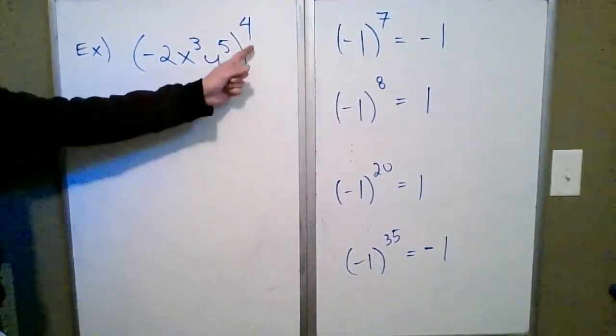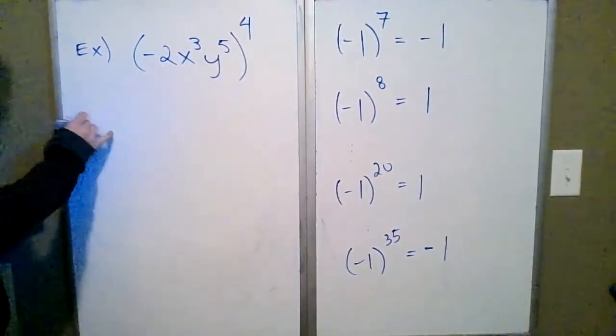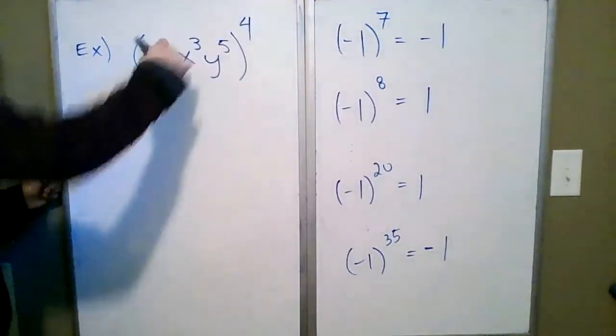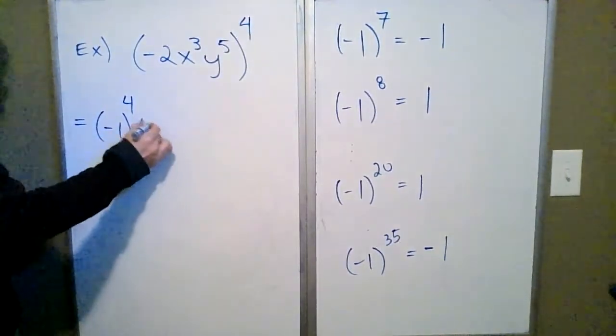So again, some people might go right to negative 2 to the 4th, but if it's me, I take that negative number and write negative 1 and put it with power 4. Just 2 gets the power 4.